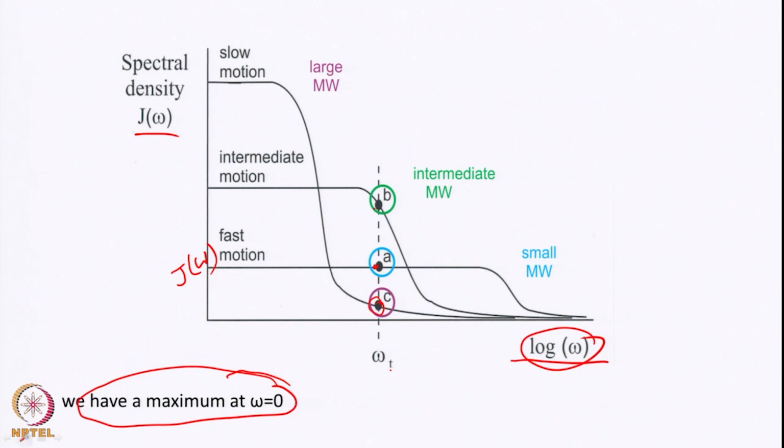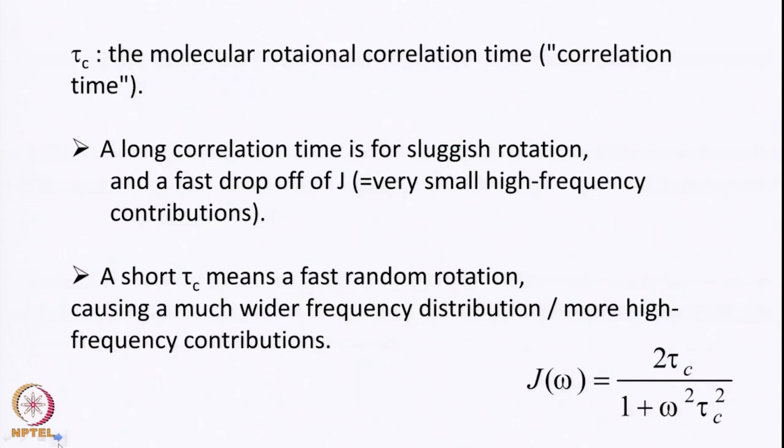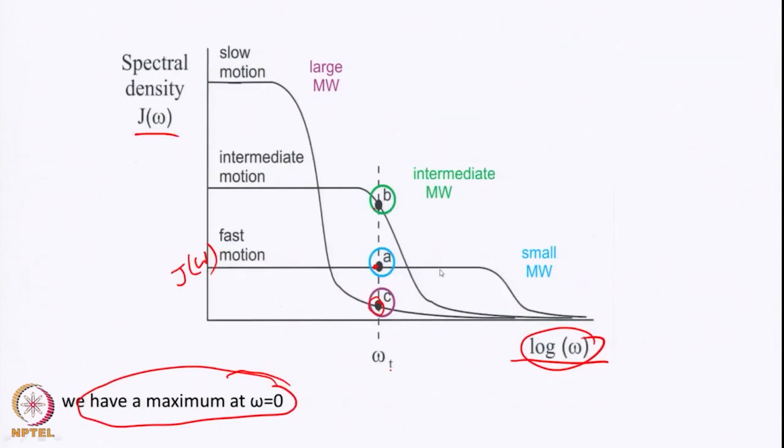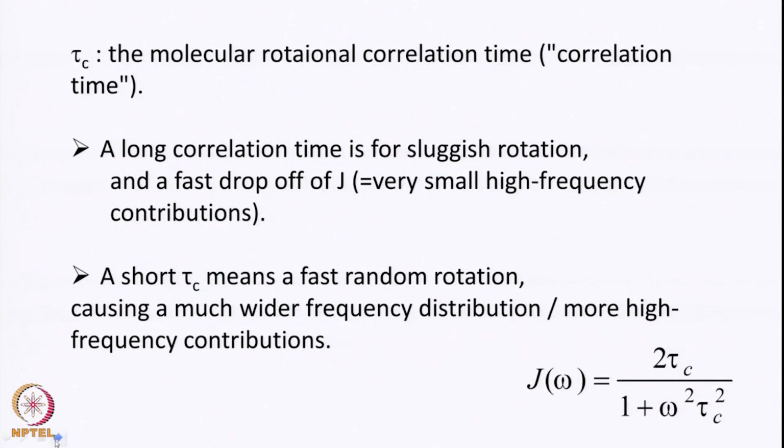That is what we mean by sluggish rotation: it drops fast, so the J value is very small at high frequency contribution. For a short tau c, that means fast rotation, causing a much wider frequency distribution or more frequency contribution. For a small molecule you have a broad range of frequency at a particular J omega. So, that is the spectral density correlated with your tau c or omega.